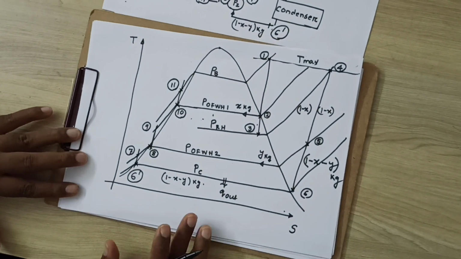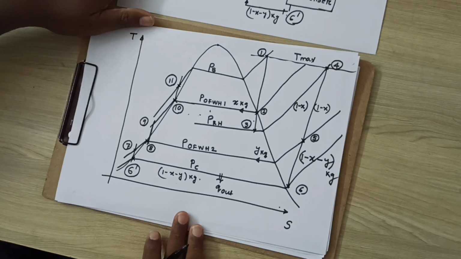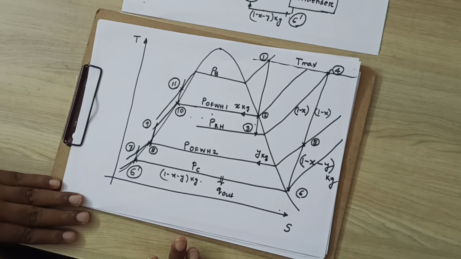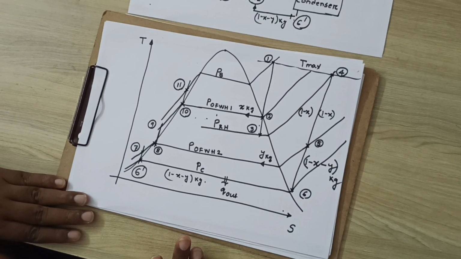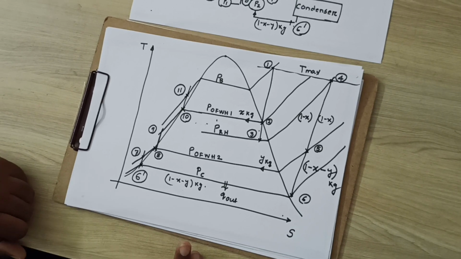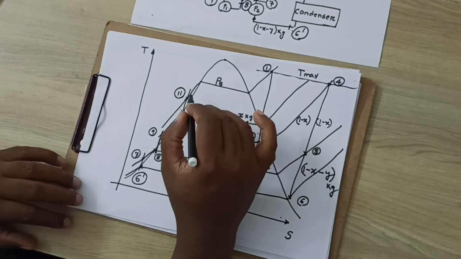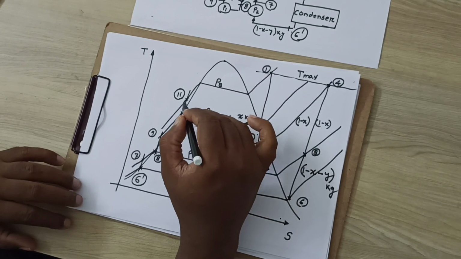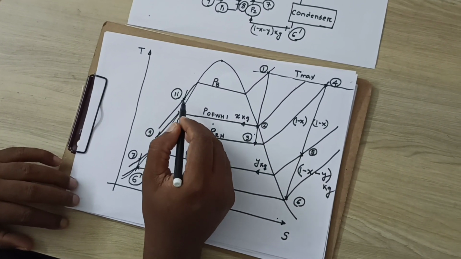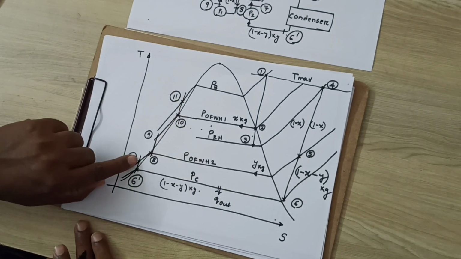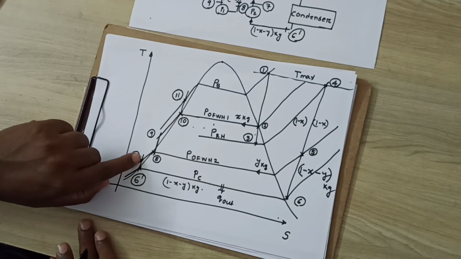Okay, so now this is the block diagram and this is the complete temperature-entropy plot for our reheat and regenerative Rankine cycle. One thing you should note: the heat input is substantially decreased. If it was not a regenerative Rankine cycle, we would have to supply heat input from point 7.